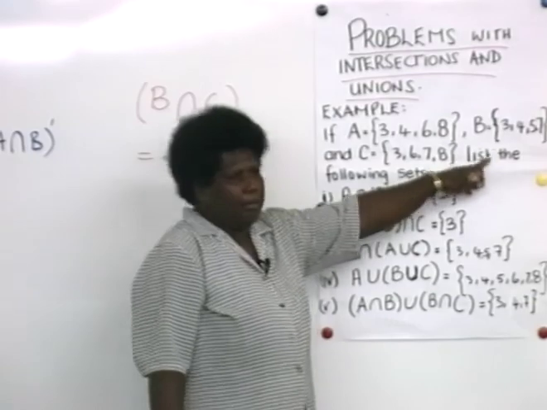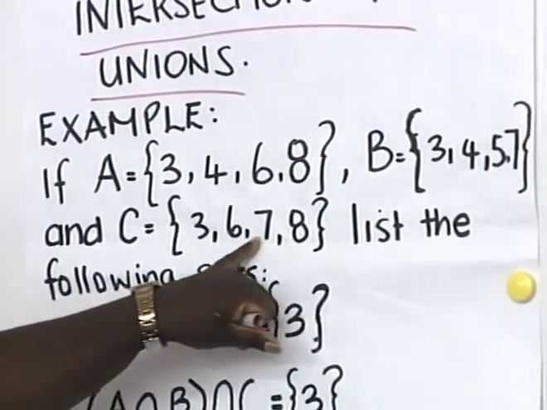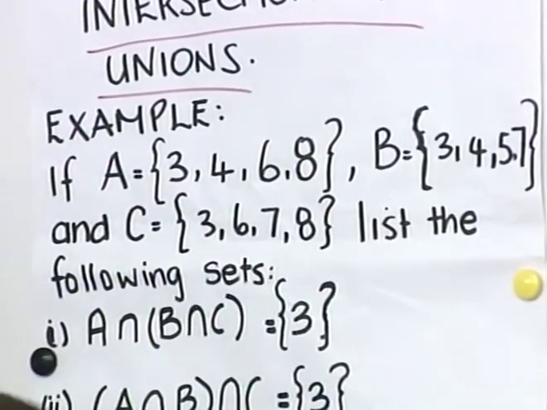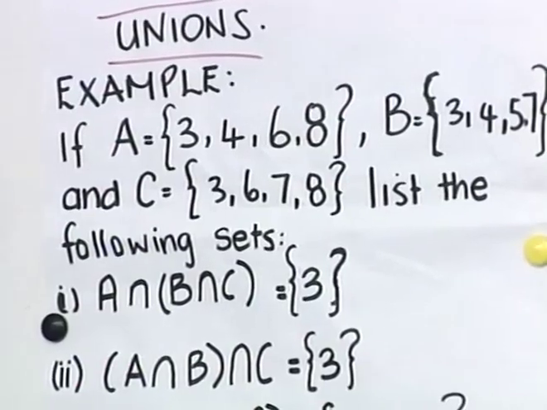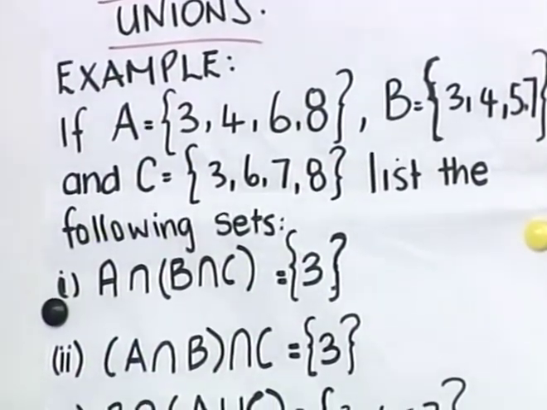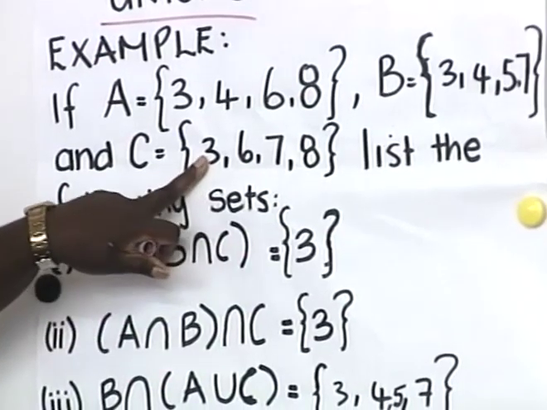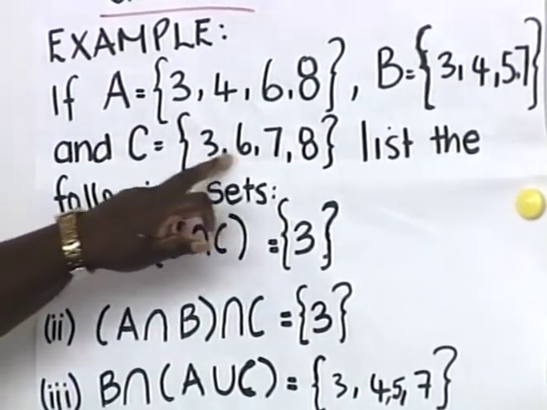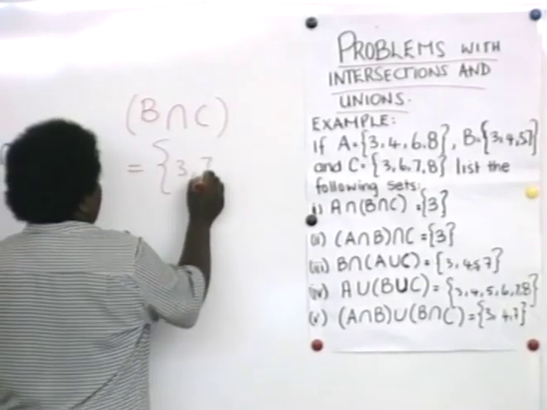B has the numbers 3, 4, 5, and 7. C has the numbers 3, 6, 7, and 8. The set B intersection C would be the set that is common to both. So it will be only 3. Oh, sorry, 3 and 7. So here you would be putting 3 and 7.